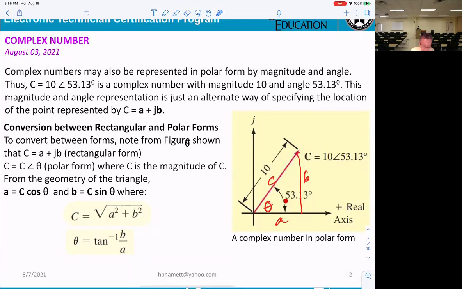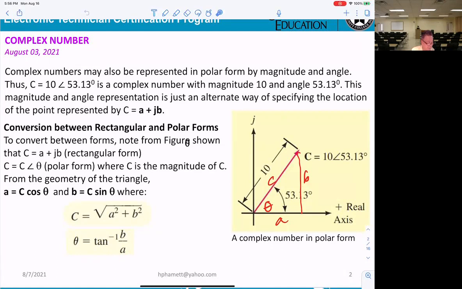This is the angle right here. In order to calculate the value of C, you use this formula. C equals the square root of A squared plus B squared. And the angle here will be the inverse tangent of B divided by A.